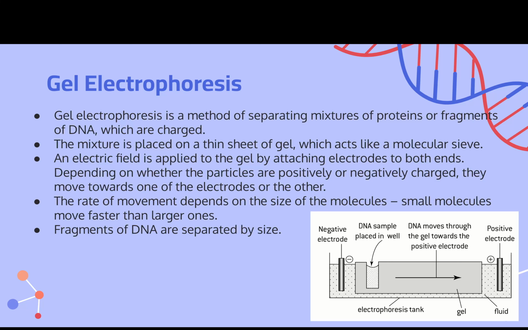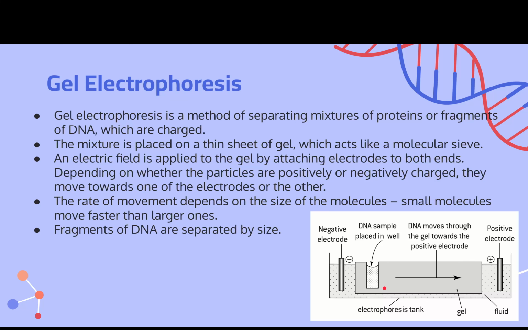And then an electric field is applied to the gel by attaching electrodes, as you can see here and here, to both ends. Depending on whether the particles are positively or negatively charged, they will move towards one of the electrodes or the other.